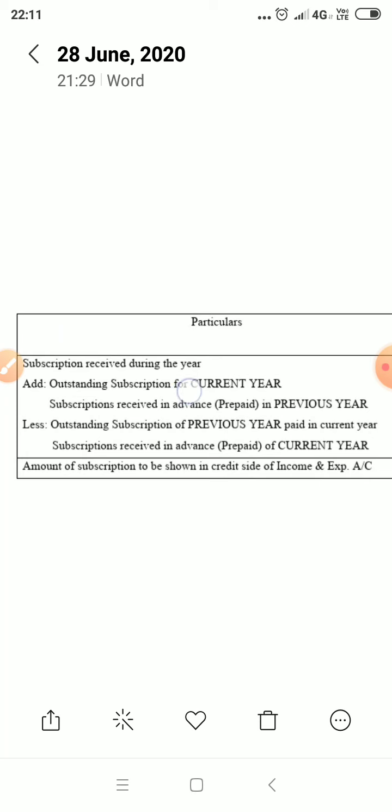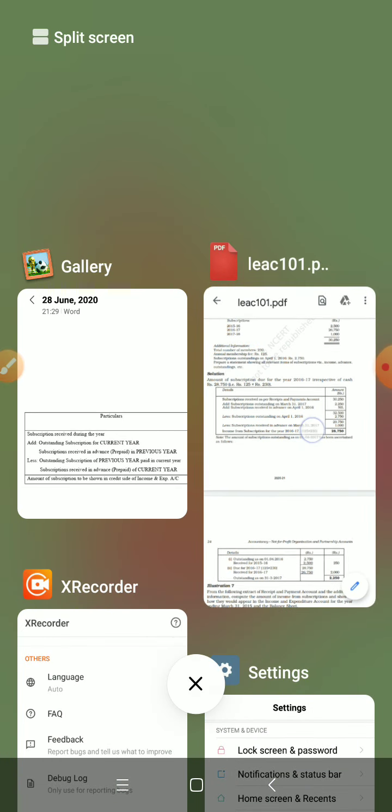That is why I stress it on for and paid in the current year. Okay, I have made a mistake here. It is not paid, it is received. Received in the current year. You can correct it. Okay?